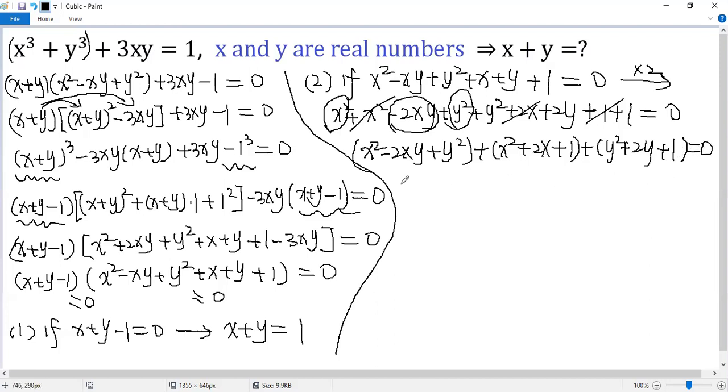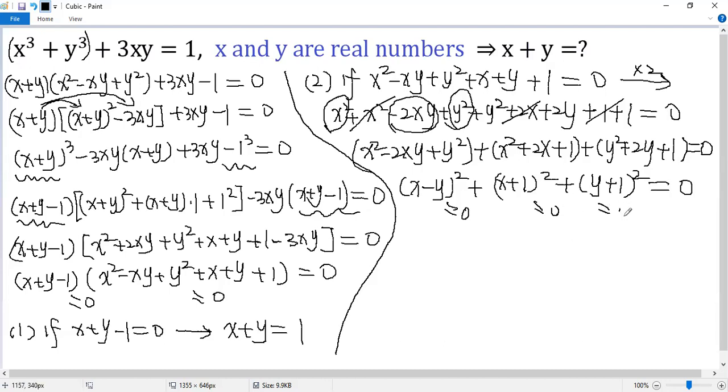Each group is actually a perfect square, so we get (x minus y) squared plus (x plus 1) squared plus (y plus 1) squared equals 0. Now, because x and y are real numbers, the only possibility is that each term is 0.